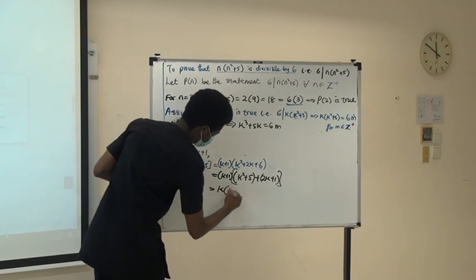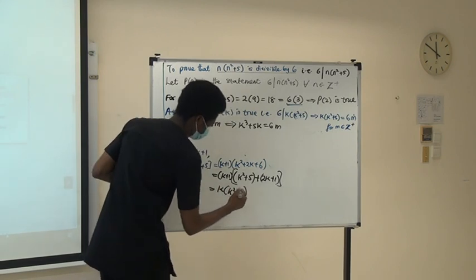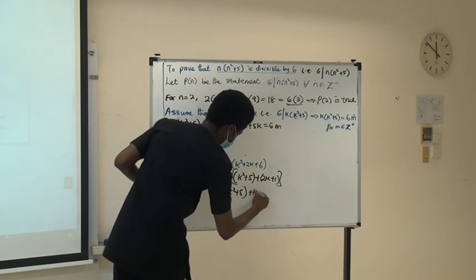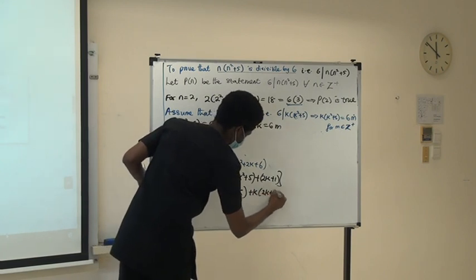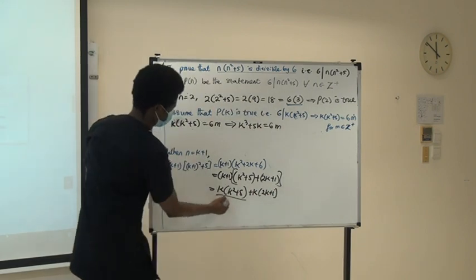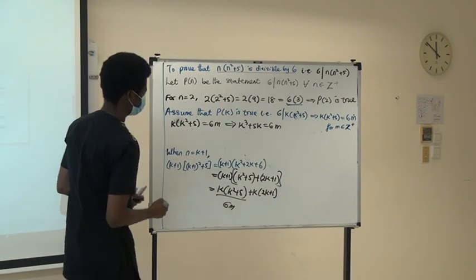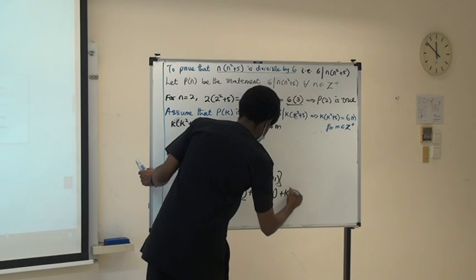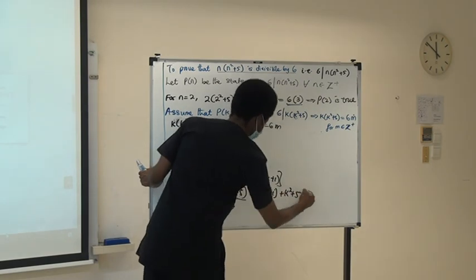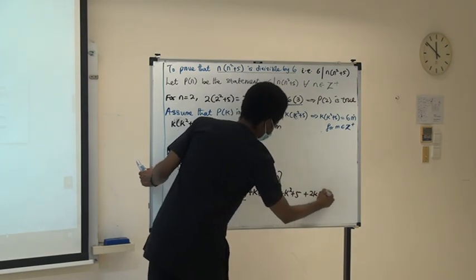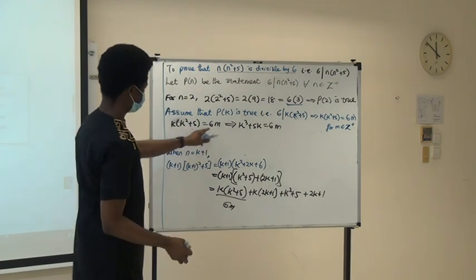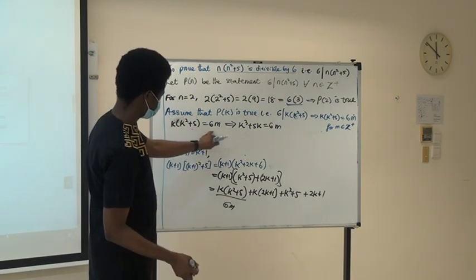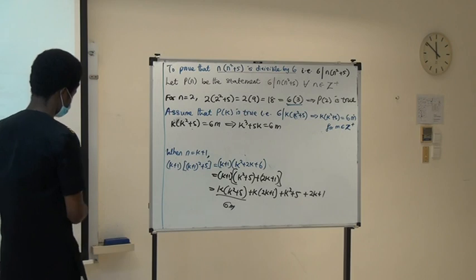I don't know if this makes sense, I'm just writing first. And k into bracket 2k plus 1. So this is your 6m automatically. But what becomes of the rest? You have another k squared plus 5, another 2k plus 1, another k squared plus 5, there's a division of, no, it doesn't make sense.